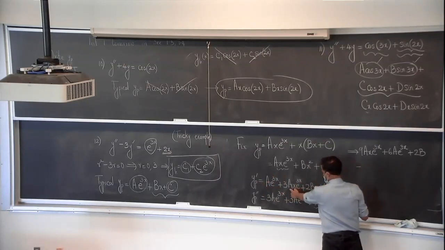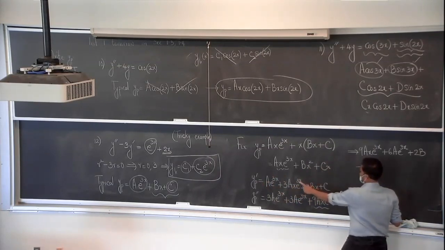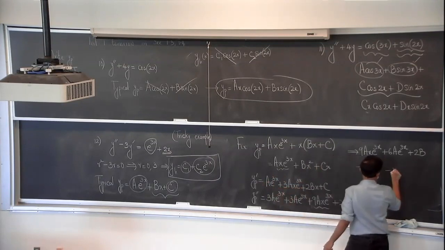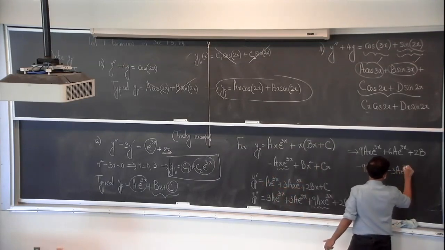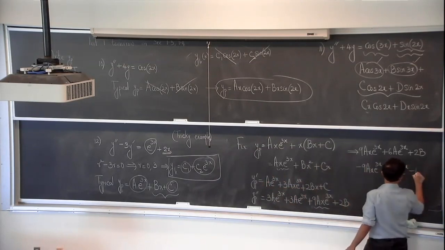Minus 3 times 3 is 9. So it's minus 9ax e to the 3x minus 3a e to the 3x minus 6bx minus 3c.